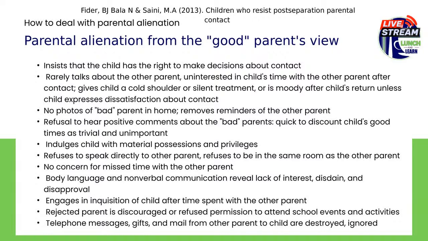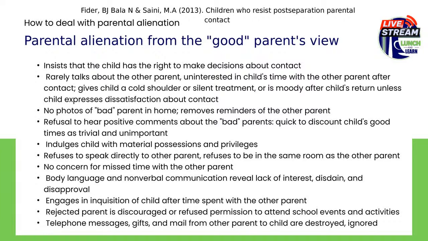The good parent would very rarely talk about the other parent. They are uninterested in the time that the child spends with the other parent, and they would actually give them the cold shoulder and the silent treatment when they come back from the other parent's visitation, and they would express some dissatisfaction about the contact.